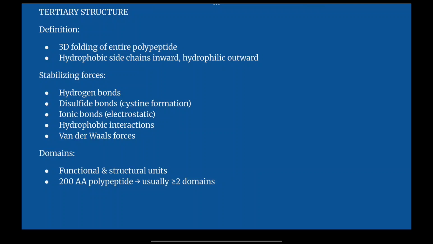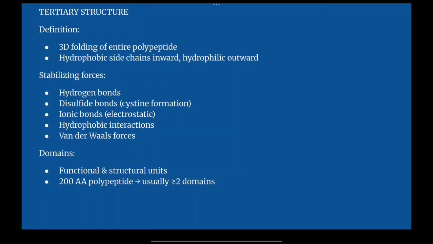In secondary structure, we saw only hydrogen bonds stabilizing the structure. But in tertiary structure, we see five different types of bonds: hydrogen bonds, disulfide bonds or cysteine formation, ionic bonds, which are electrostatic, hydrophobic interactions, which are water-hating interactions, and van der Waals forces.